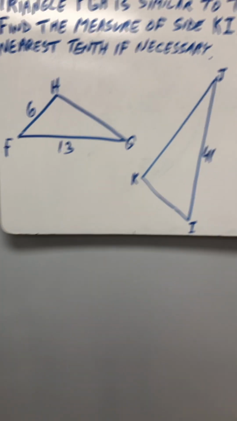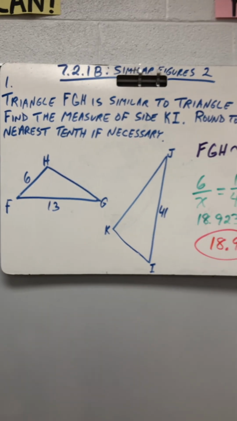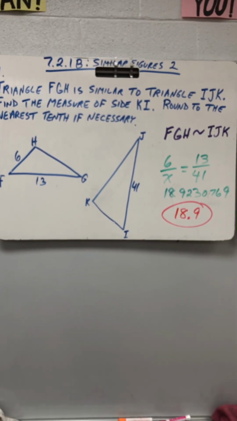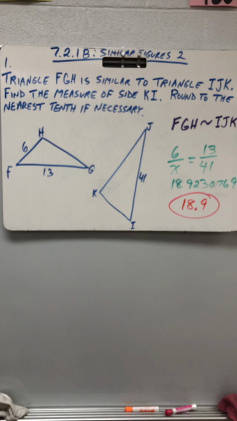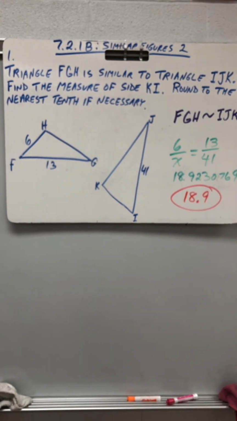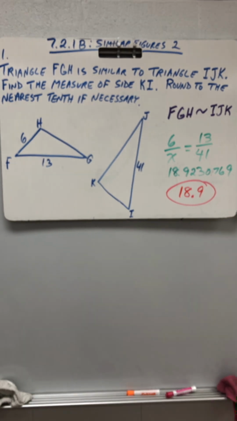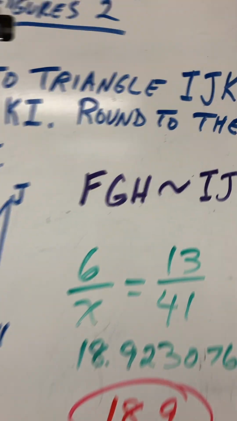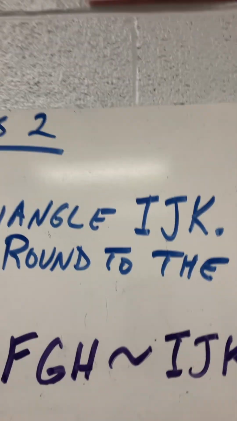All right, so for example, triangle FGH is similar to triangle IJK. Find the measure of side KI, round to the nearest tenth if necessary. Now, here's the most important piece. FGH and IJK.